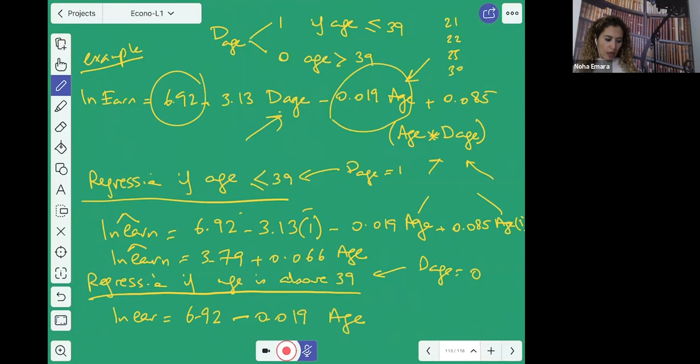Okay, and so basically this regression predicts a negative relationship between age and earning only if age is above 39, and a positive relationship otherwise. Okay, so a positive relationship otherwise, which is if age is equal or below 39.